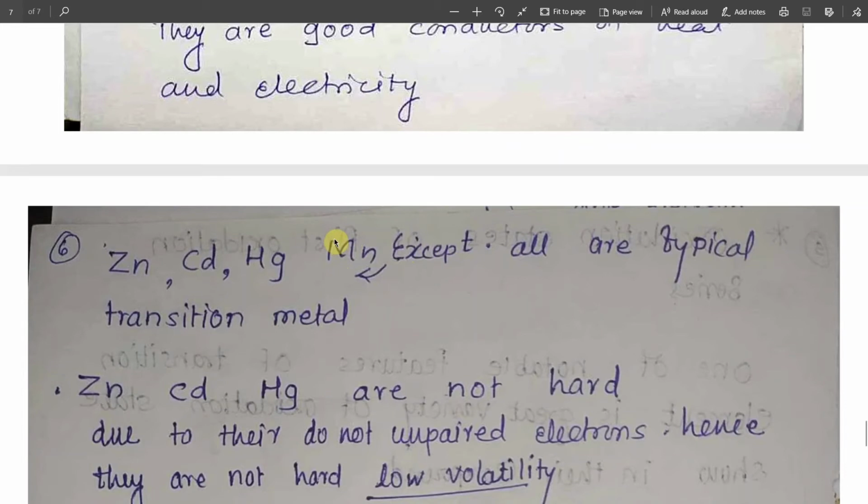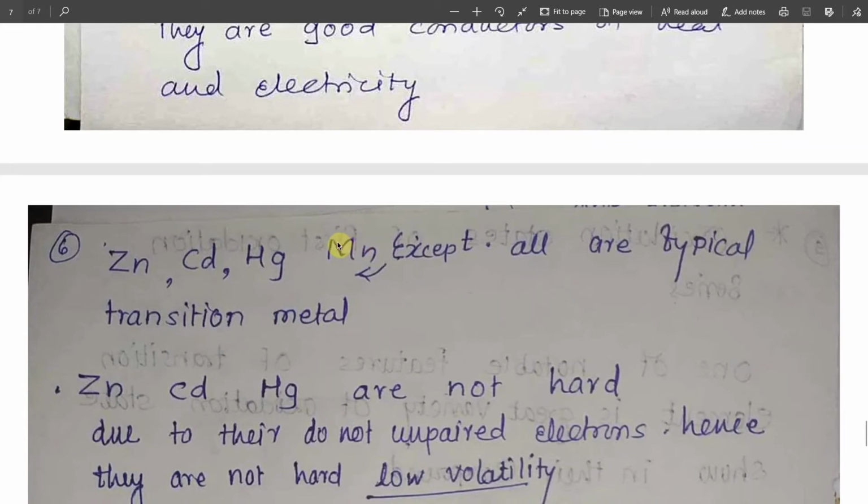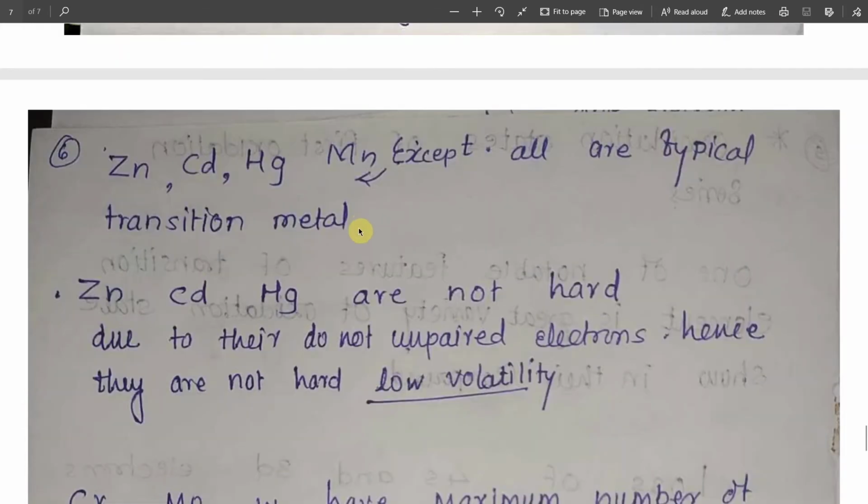In the case of zinc, cadmium, and mercury, they are not typical transition elements; they do not have unpaired electrons.